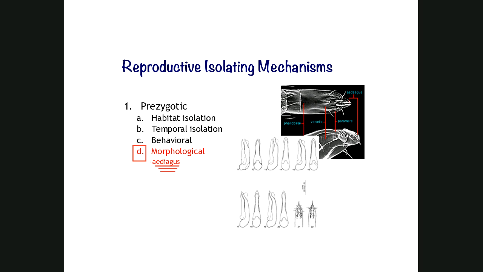If the intromittent organ doesn't fit like a lock and key into the female's reproductive tract, then copulation and fertilization will not take place. For every species, the female's reproductive tract is an exact match of the male's copulating organ. If it doesn't match, fertilization of that egg will not take place.